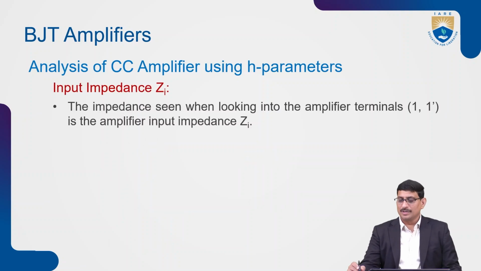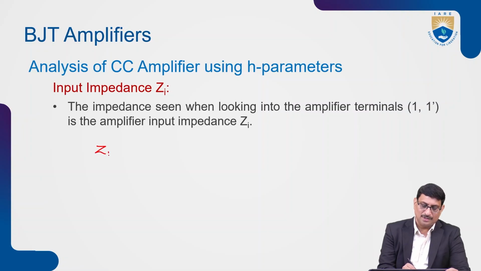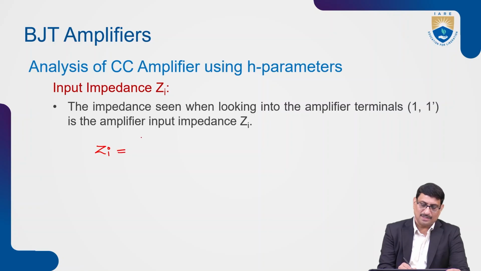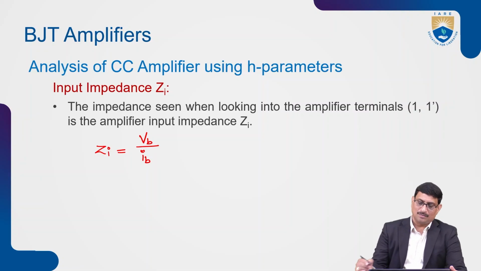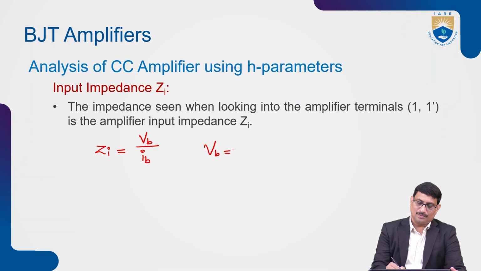In a similar way, we'll move on to the second analysis parameter, which is called the input impedance. The input impedance of any amplifier is defined as the ratio of input voltage to the input current. In case of the common collector amplifier, input voltage is VB and input current is IB. So to calculate this input impedance, let us consider the input voltage expression of the common collector amplifier, where we have VB equal to HIC into IB plus HRC into VE.